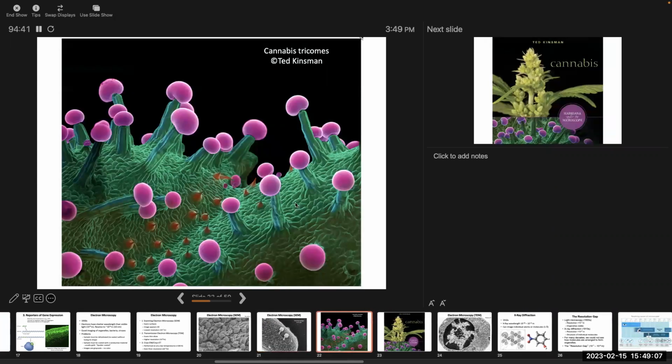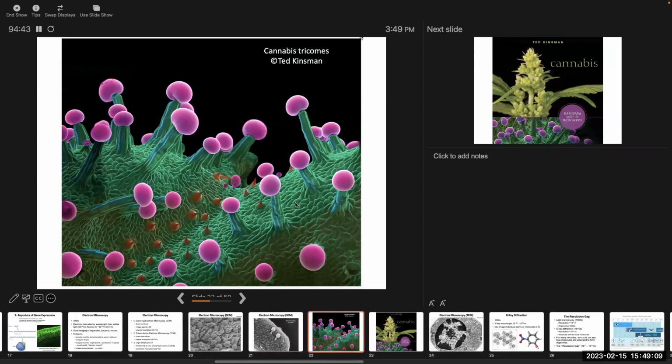Here's a fun little image by Ted Kinsman, who I was talking about before, who used to run the electron microscopy lab here at RIT. He still teaches here, but he teaches other areas of scientific photography. And this is a scanning electron micrograph of the bottom of a marijuana leaf. Ted has photographed and written an entire book about marijuana under the microscope.